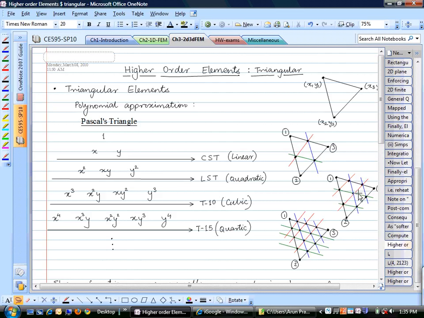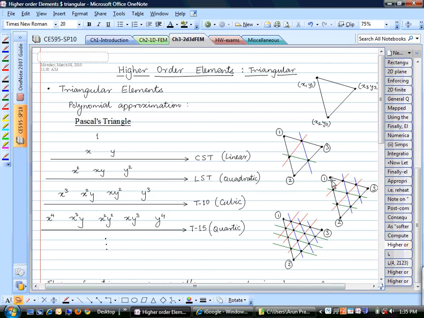Similarly, you have all these higher order elements where you can just keep on adding nodes on the sides. And the idea is that in this case, you add a mid-side node on the middle of this edge. In this case, you are adding nodes at the 1/3 of this edge.